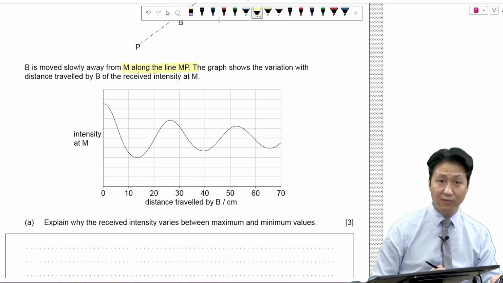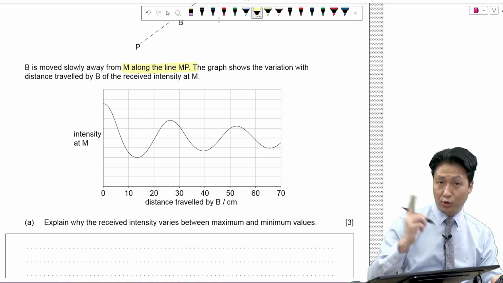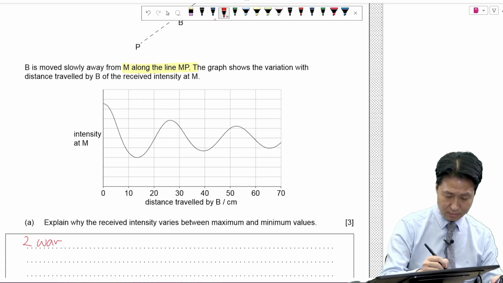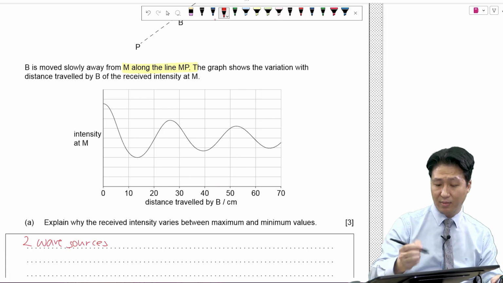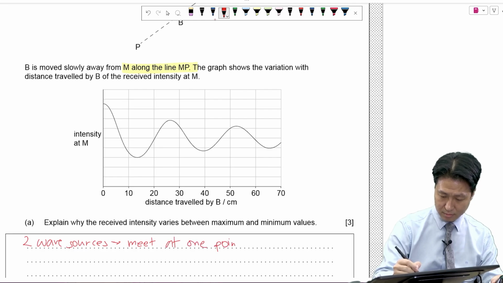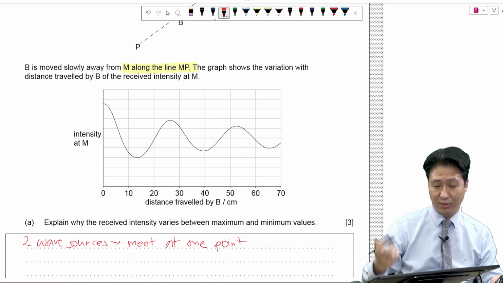So, first of all, there's two wave sources, right? They meet at one point. So they will interfere or superimpose at that point.